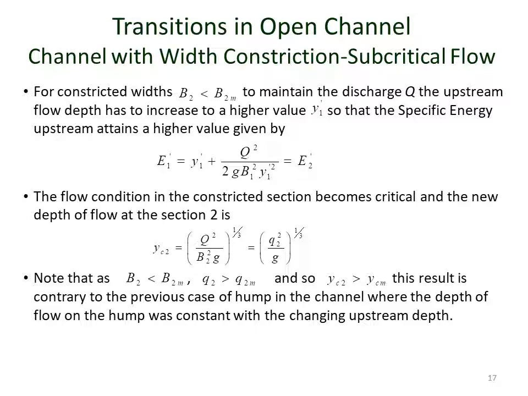So the critical flow depth at this increased specific energy condition, downstream YC2, will be greater than YCM. So this result is indeed contrary to the previous case of the hump in the channel, where the depth of flow on the hump was constant. Remember, we increased the height of the hump, but the critical flow depth on the hump was constant with the changing upstream depth.